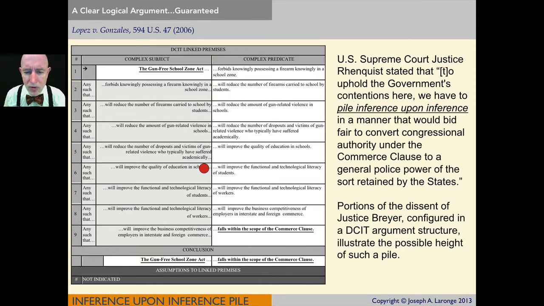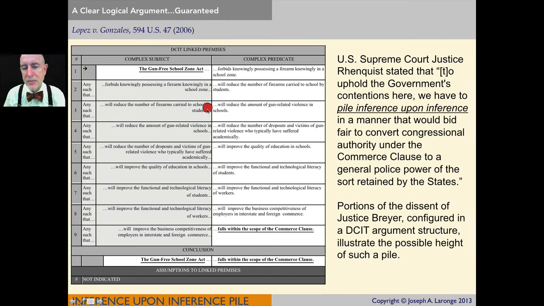So we'll improve the functional and technological literacy of students. So we'll improve the functional and technological literacy of workers. So we'll improve the business competitiveness of employers in interstate and foreign commerce. So falls within the scope of the Commerce Clause.